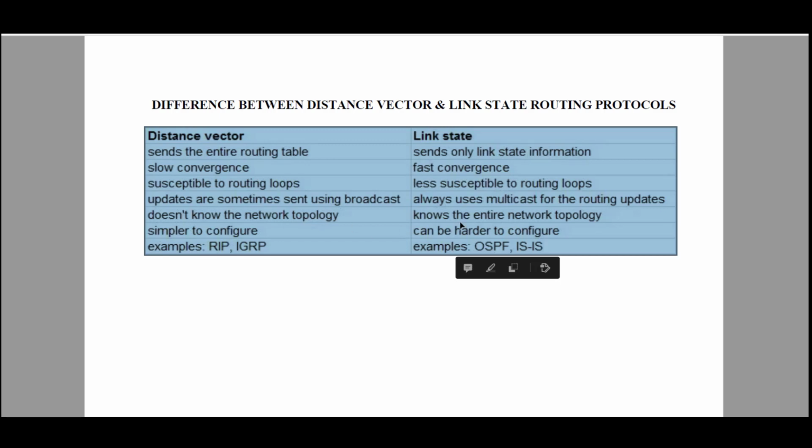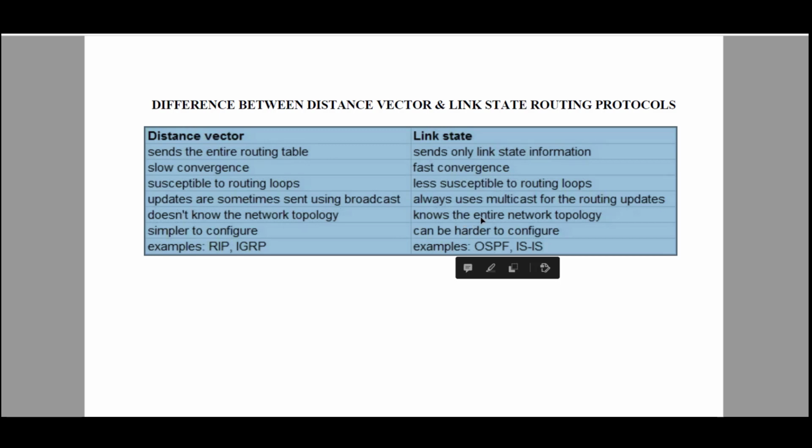But in link state, each and every router will know about everybody in the topology. Even if 100 routers are available in the topology, every router will know. They collect the link state packets, create a table, and then run the shortest path first algorithm.